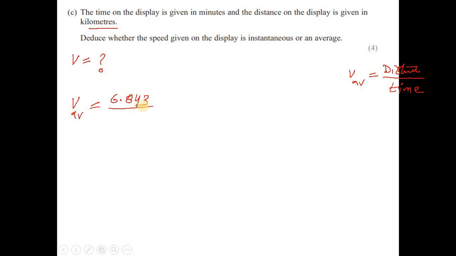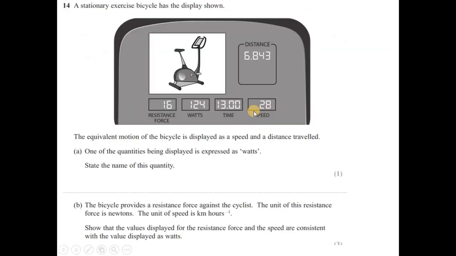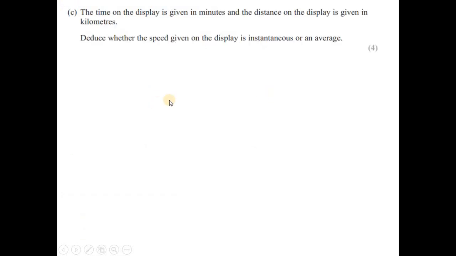Time is given in minutes, so I converted the distance into kilometers. Yeah, 6.843 is the distance in kilometers and the time is in minutes. So again, average velocity is distance in kilometers, 6.843, divided by time.